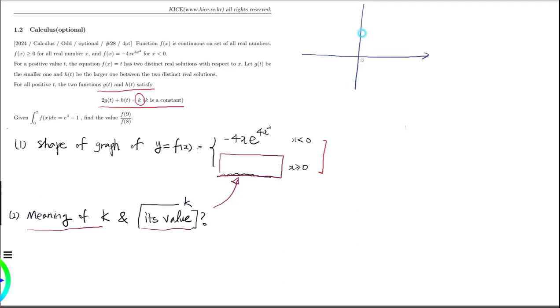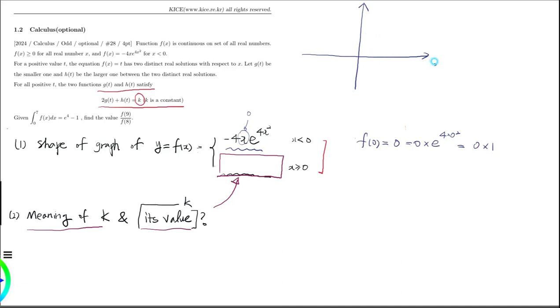Here, what we know is this function is 0 when x equals 0. Obviously, when you plug 0 into x here, 0 times e to the 4 times 0 squared gives you 0.